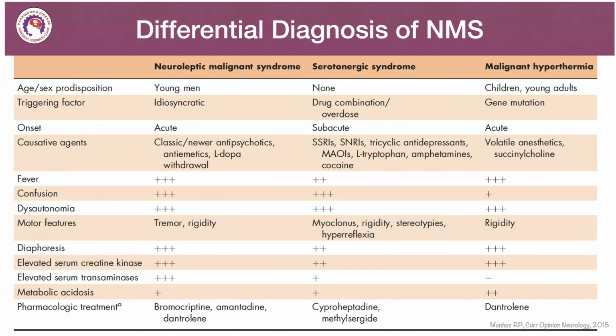Most of the symptoms remain almost similar, but the severity can vary, and pharmacological treatment does vary to a certain extent based upon the underlying etiology. Recognition of the underlying cause helps you differentiate these three critically important movement disorder emergencies.